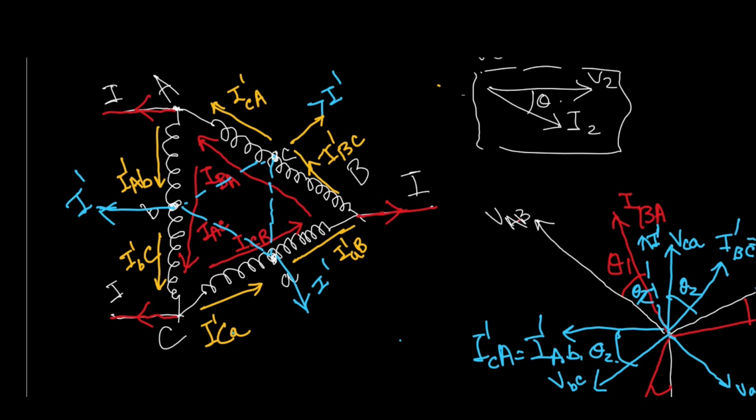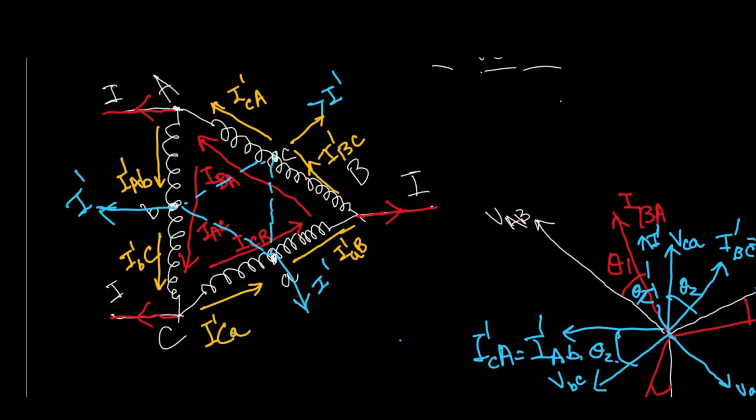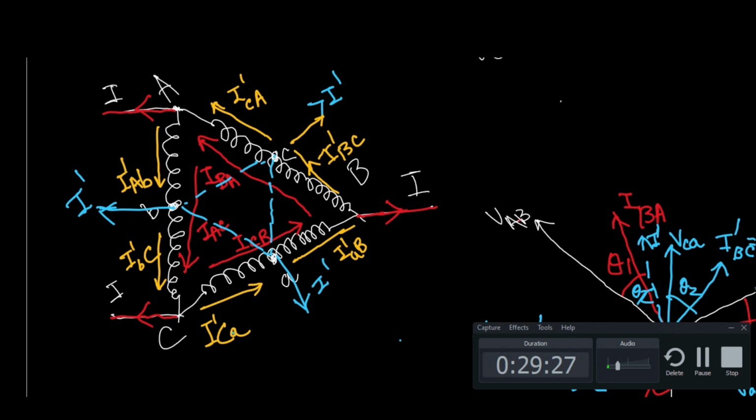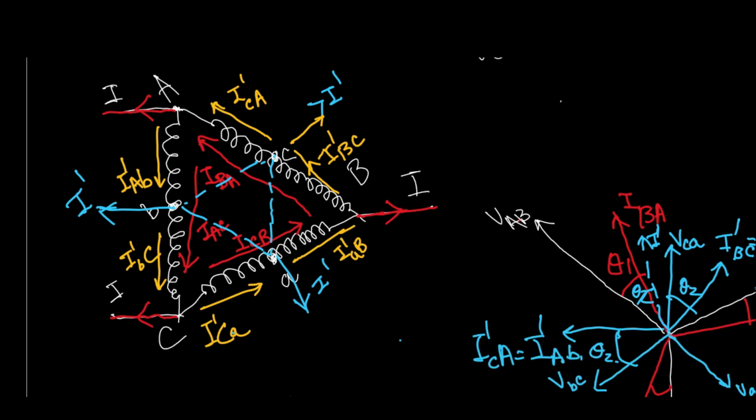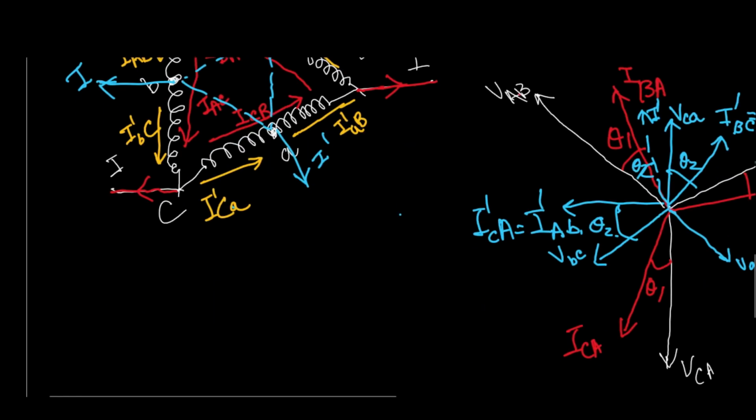If this is your load 1, then the source current must carry a current minus I2, so that you can get this much angle, and your source active power you will get negative, and for load you will get some positive power, right? So here this is IBA, this is theta 1, then what is that?